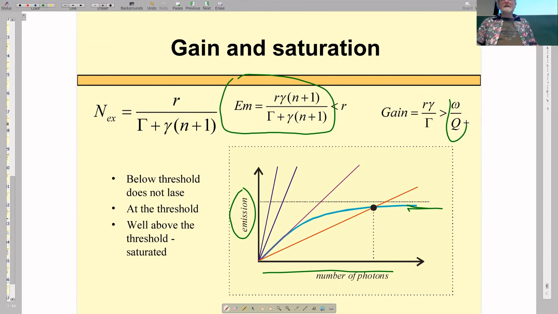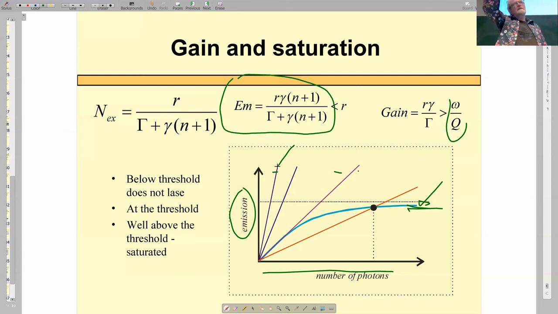And the solution to this equation. What we see is a solution of this saturated line with different straight lines which correspond to different quality factors. So if the quality factor is bad, we never have a laser. It means a very steep line.